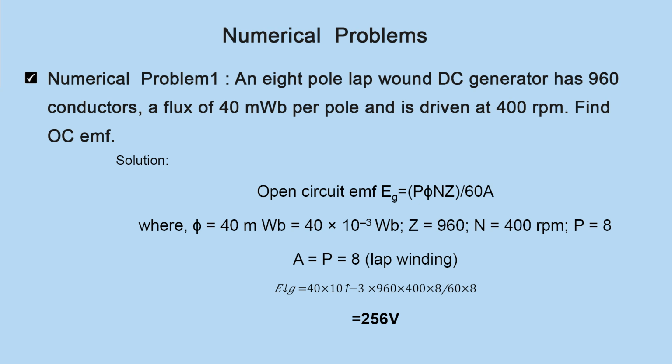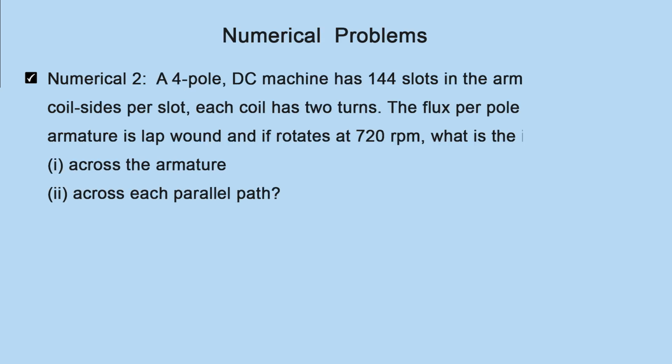It is a pretty easy problem, because we have obtained the induced EMF in a single step. Now we will see one more problem associated with this induced EMF. So let us solve numerical problem number 2, which states that a 4-pole DC machine has 144 slots in the armature with two coil sides per slot.